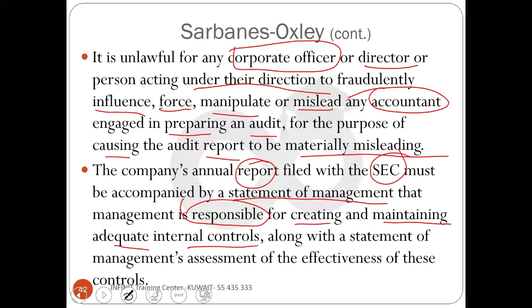So there should be a letter along with the reports from the management. And also, a statement of management's assessment of the effectiveness of this control.